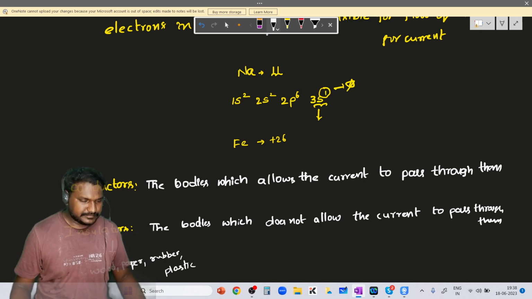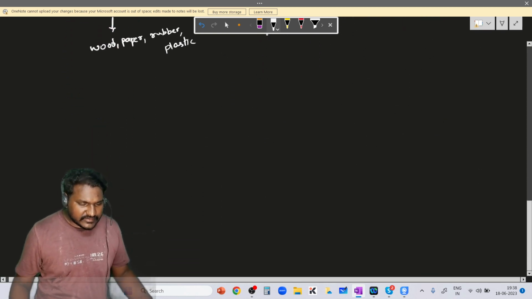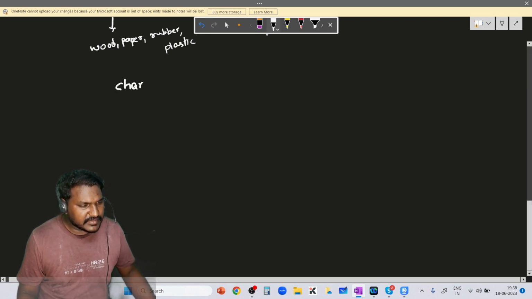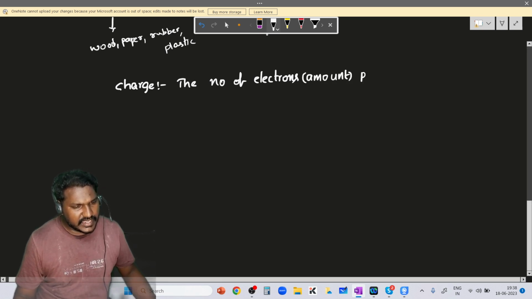Now here we are discussing a term called charge. Charge is nothing but the amount, or the number, of electrons present in a body.